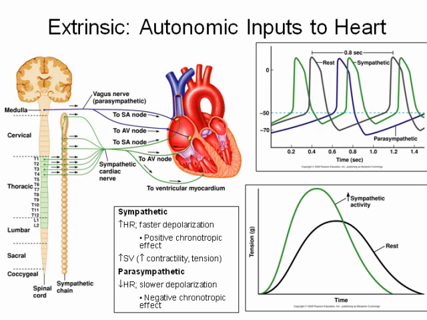If the sympathetic nervous system is activated, what you see is this depolarization speeding up. So the sympathetic nervous system speeds up the development of the pacemaker potential. It increases heart rate. We refer to this as a positive chronotropic effect.